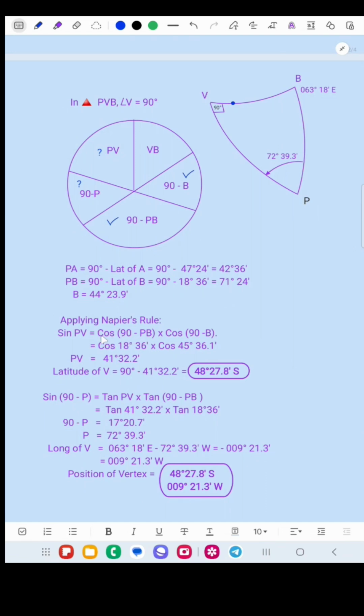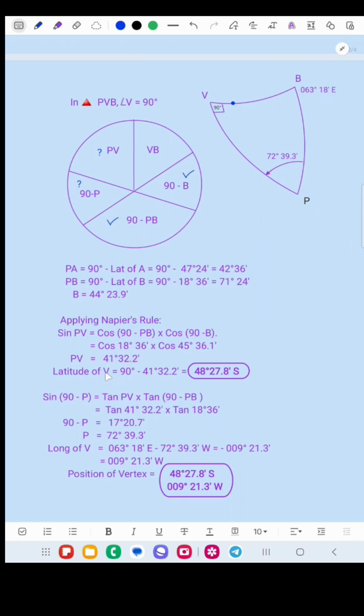So cos of 90 minus PB: 90 degrees minus 71 degrees 24 minutes will be 18 degrees 36 minutes. Cos of 90 minus PB is 18 degrees 36 minutes into cos of 90 minus B, that is 90 minus 44 degrees 23.9, which will be 45 degrees 36.1. Simplifying, PV we got is 41 degrees 32.2.